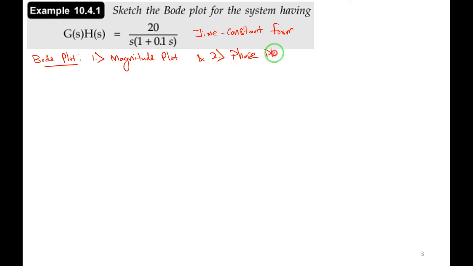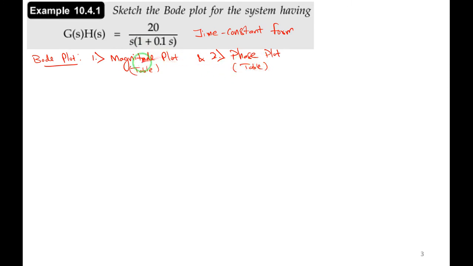Before drawing the magnitude plot, I have to collect some information: what all the factors are, what the slope contribution is due to individual factors. So we'll form a table, which we call the magnitude plot table. First we will do the magnitude plot table, then plot the magnitude plot, then go for the phase plot table.